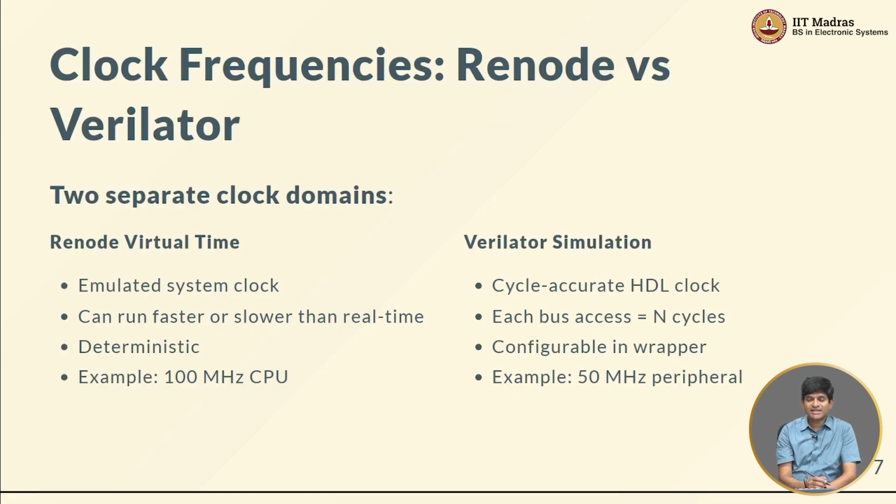Now there are a couple of things that we need to keep in mind here. There are effectively two separate clock domains when we are trying to emulate a system like this. One is that Renode has its own notion of internal virtual time. What do I mean by that? It's the emulated system clock. When I'm running an operating system like Linux on a CPU, I need to have a notion of time because Linux is a time sharing, time multiplexed system.